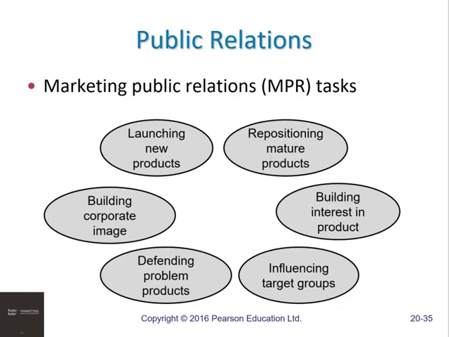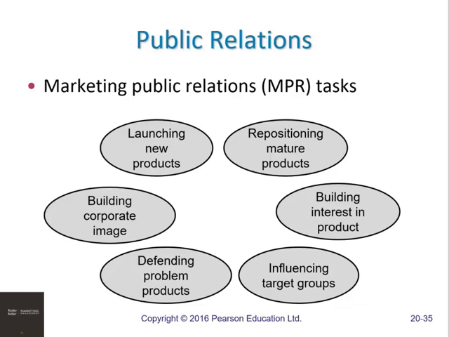Companies and trade associations have used MPR to rebuild interest in declining commodities such as eggs, milk, beef, and potatoes, and to expand consumption of products like tea, pork, and orange juice. Influencing specific target groups. McDonald's sponsors neighborhood events in Latino and African American communities to build goodwill. Defending products that have encountered public problems.